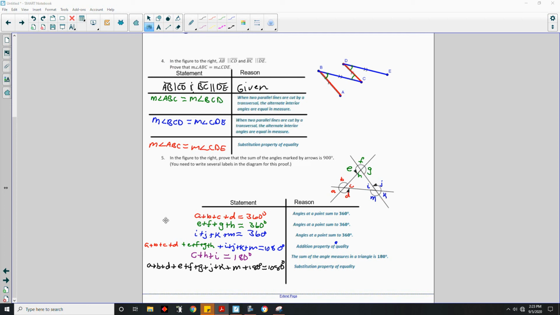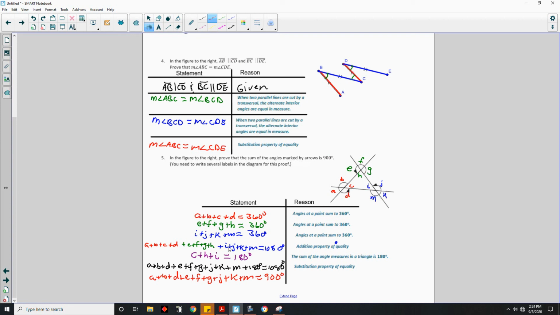So A plus B plus D plus E plus F plus G plus J plus K plus M equals, subtracting 180 from both sides, we get 900 degrees.